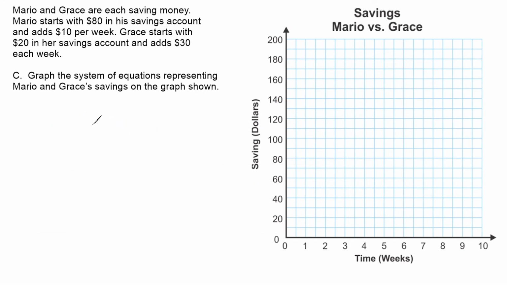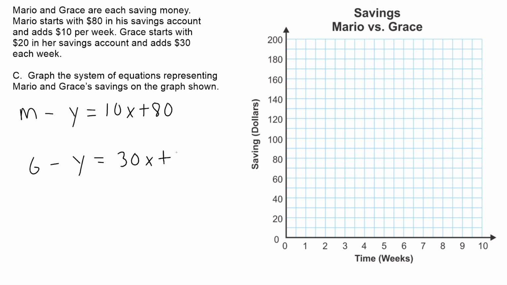Okay, for part C, what we have to do is graph the system of equations, which just means the two equations that represent Mario and Grace's savings on this graph right here. Now, remember Mario's equation, I should say, is y equals 10x plus 80, and Grace's equation is y equals 30x plus 20.